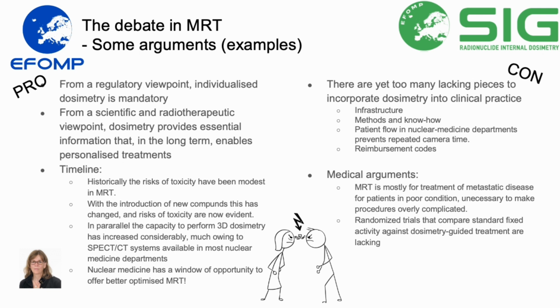For example, that MRT is mostly used for treatment of metastatic disease for patients in poor conditions. And some think it's unnecessary to make procedures overly complicated. Also, there is a lack of randomized trials that compare standard fixed activity against dosimetry guided treatments. This is the way it is.